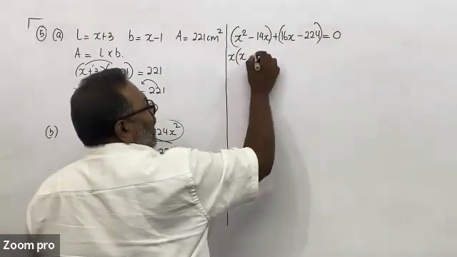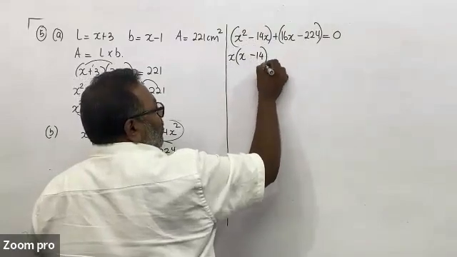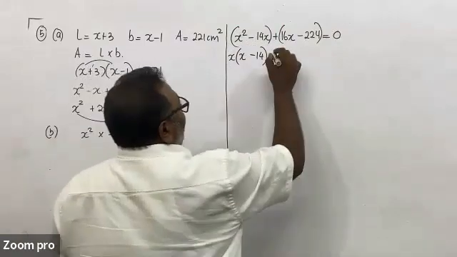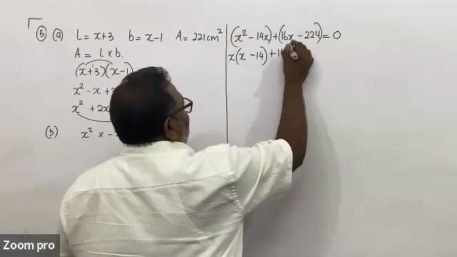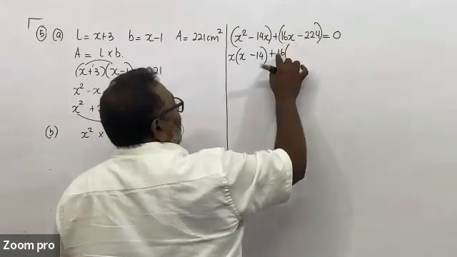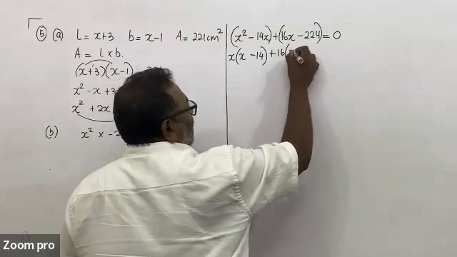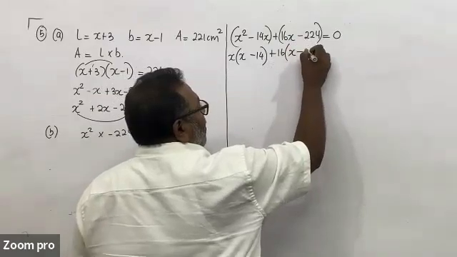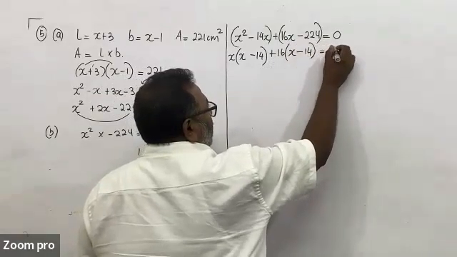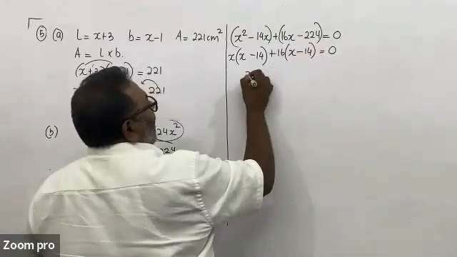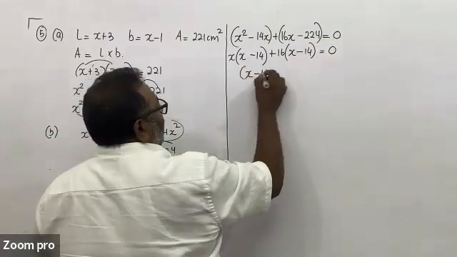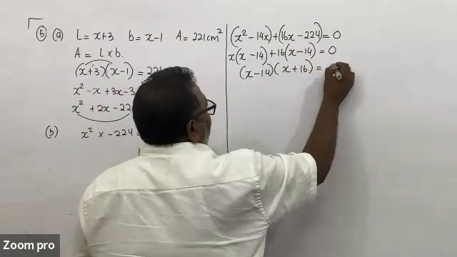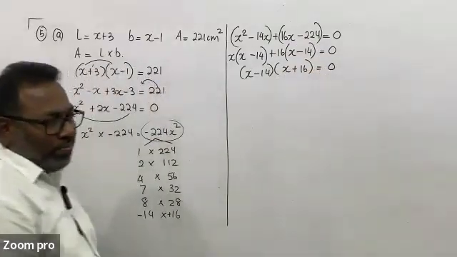Minus 14x divided by x is minus 14. 16x and minus 224, common factor plus 16. 16x divided by 16 is x. Minus 224 divided by 16 is minus 14. Right? So therefore, x minus 14 into x plus 16 is equal to 0.